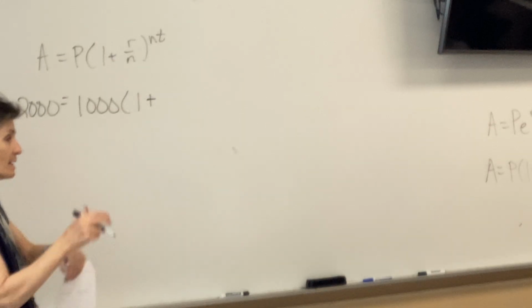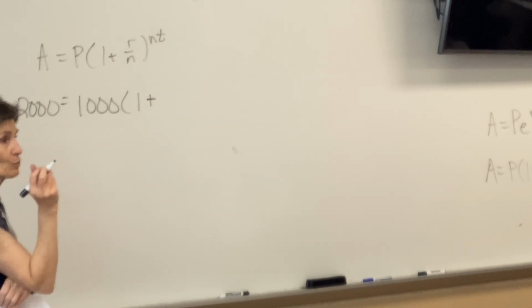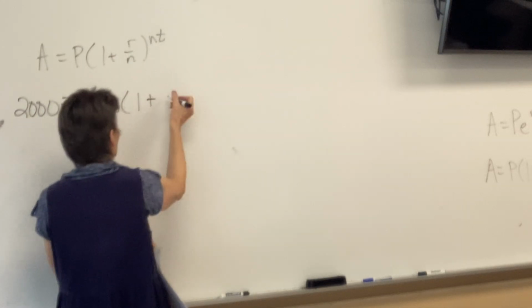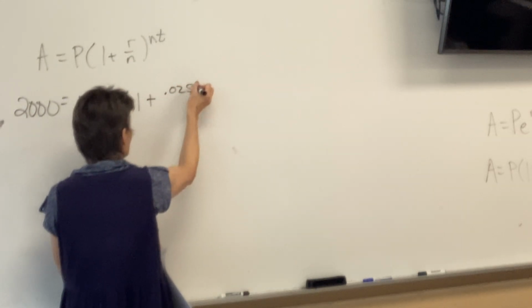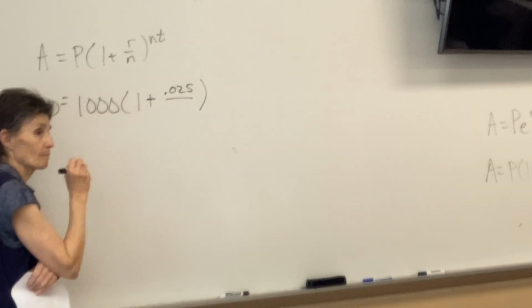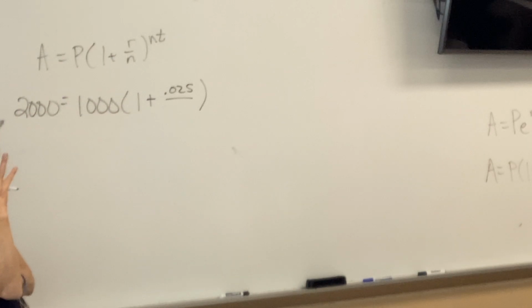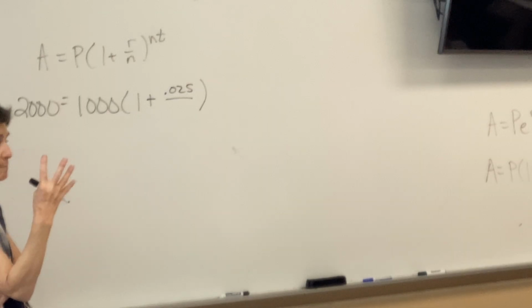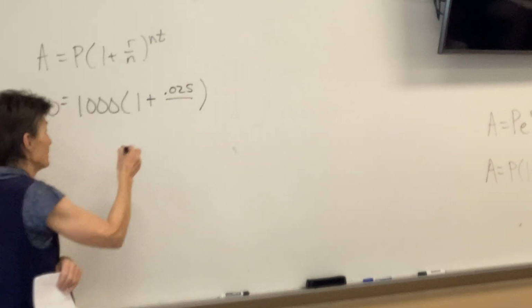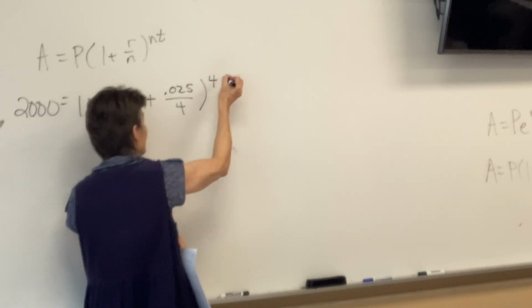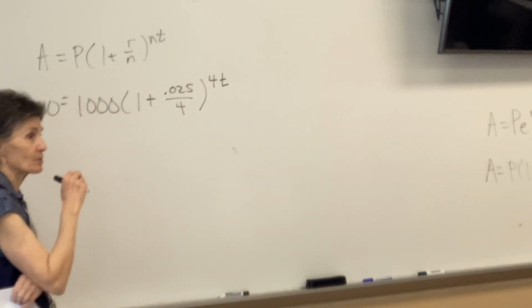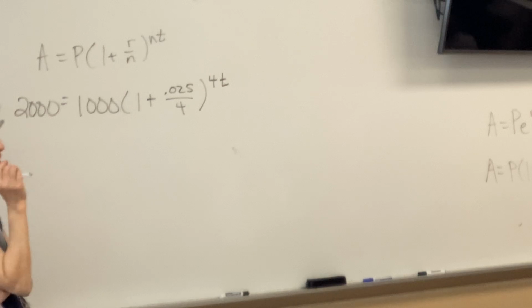The bank pays 2.5% interest, so R is 0.025. Compounded quarterly, which is 4 times a year, so N is 4. And I want to know how long it's going to take, so T is my variable.